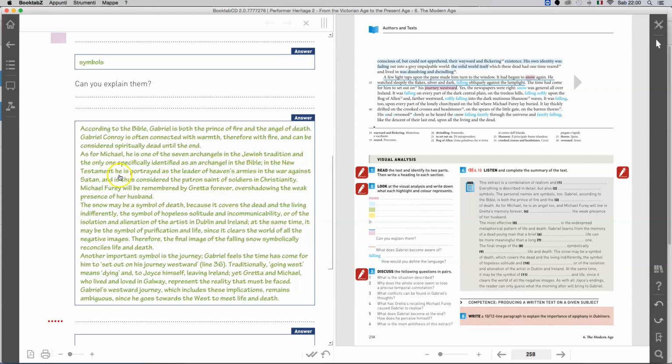In the New Testament, he is portrayed as the leader of heaven's armies in the war against Satan, and is thus considered the patron saint of soldiers in Christianity. Michael Furey will be remembered by Greta forever, overshadowing the weak presence of her husband, Gabriel.